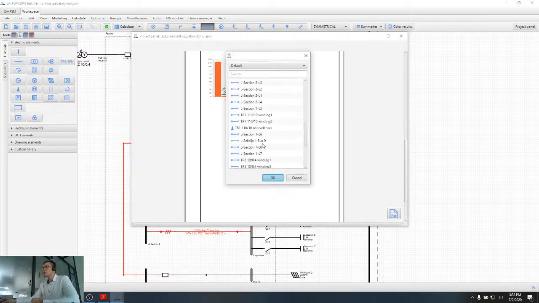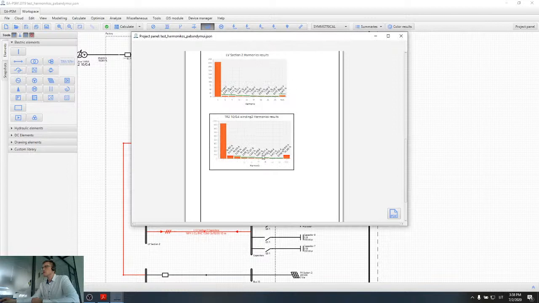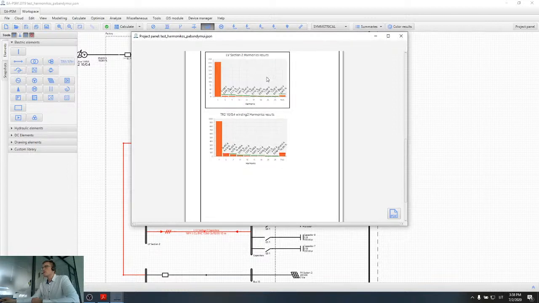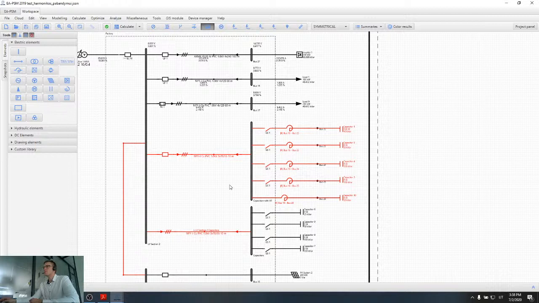Again, harmonic transformer 2, 10 kilovolts to 0.4, and I'll take winding 2 to get low voltage side currents. So here are my harmonic calculation results after the first calculation without capacitors. Later on we will be able to compare these results when I connect the capacitors to the network.